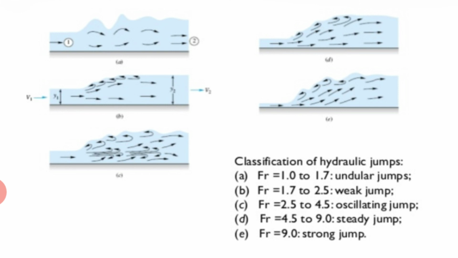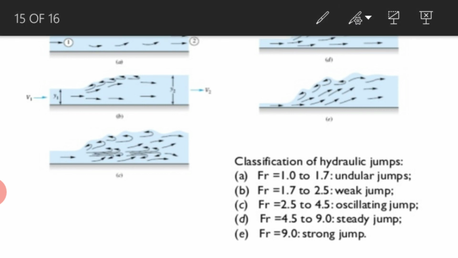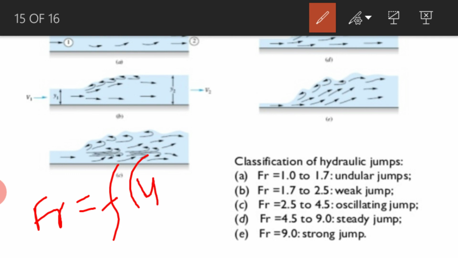So please study these things and try to understand what we mean by hydraulic jump. Hydraulic jump is classified based on the Froude number, because the Froude number is a function of depth and velocity.